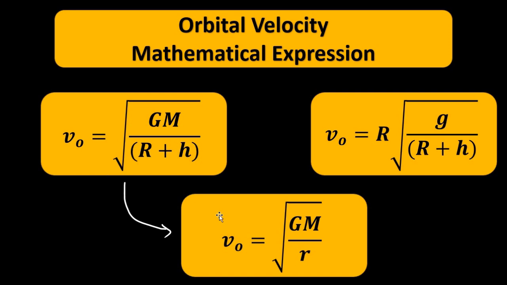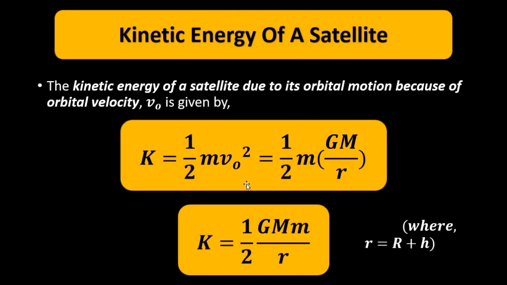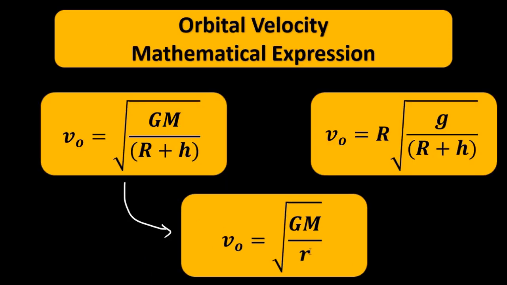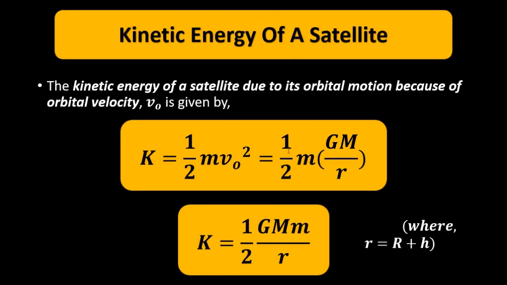If we substitute this expression, the kinetic energy becomes 1/2 m v0 square, where v0 is the orbital velocity. Since v0 is equal to root over of GM by small r, v0 square is simply equal to GM by r, so the kinetic energy will be equal to 1/2 small m into capital G capital M by small r.